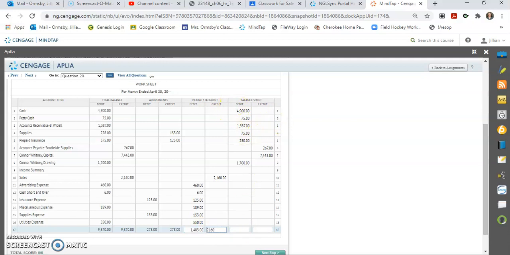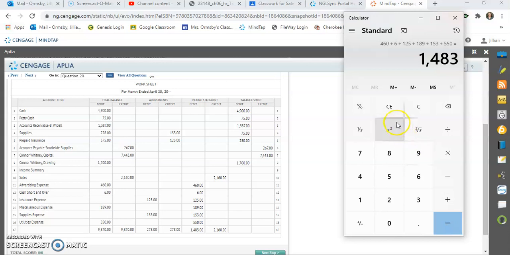Next, they're going to bring this amount down, 2,160. Then we're going to add these columns up. So give me a second. So it's 4,900 plus 75 plus 1,387 plus 75 plus 250 plus 1,700 equals 8,387.